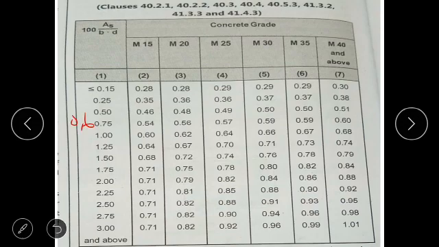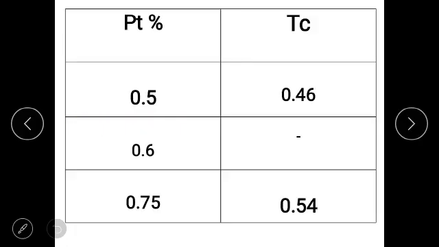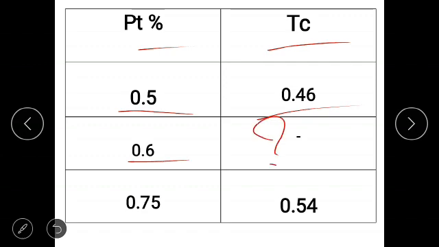Between these two percentages, for 0.5 the value is 0.46 and for 0.75 the value is 0.54. So in this table, for 0.5 percentage, tau C is 0.46, but for 0.6 we don't know the value. How to calculate the value for 0.6?